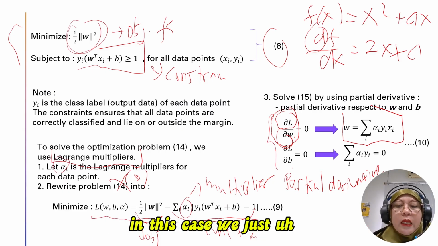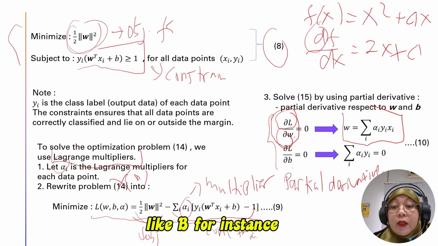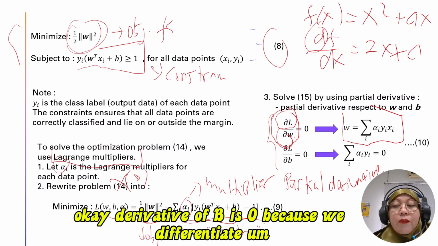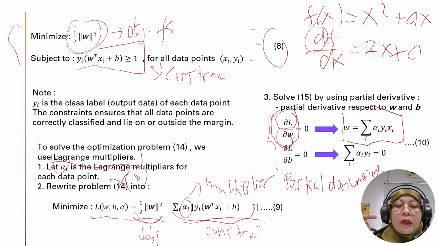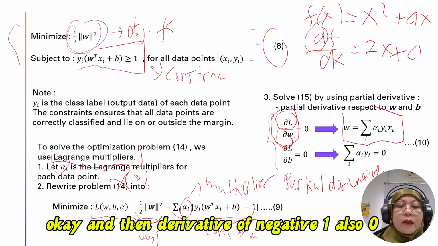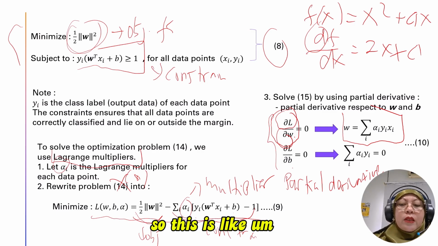So for instance, in this case, we just differentiate w, whereas other variables, like b, we assume are constant. The derivative of b is 0 because we differentiate a function over w, and the derivative of negative 1 is also 0.